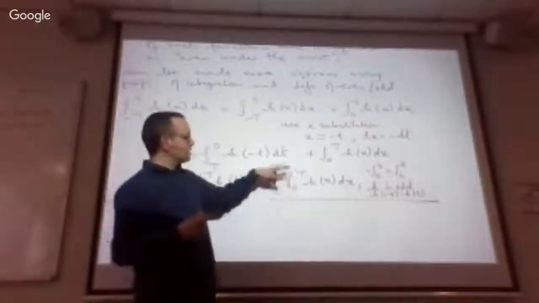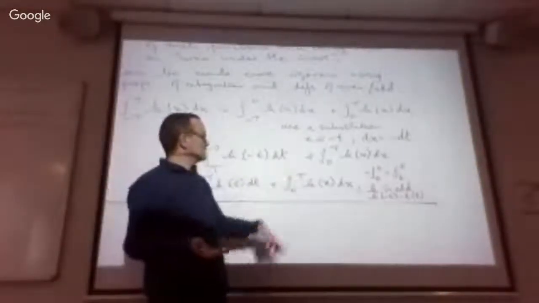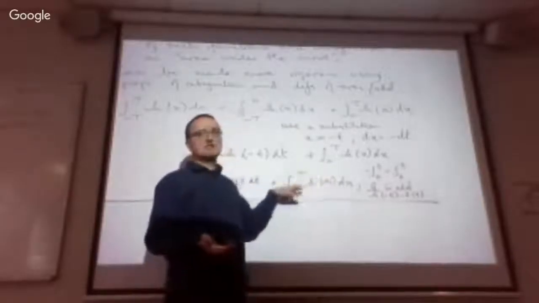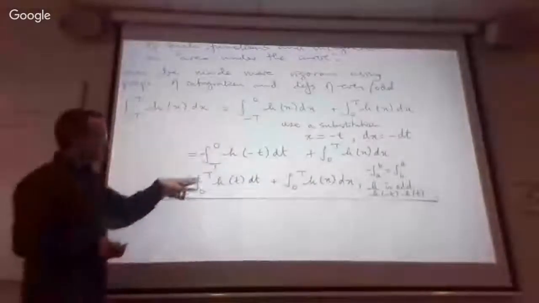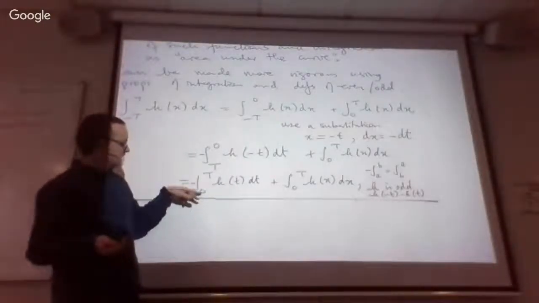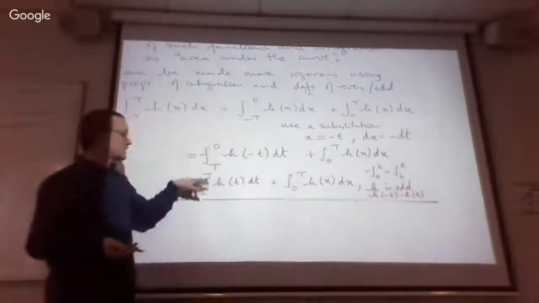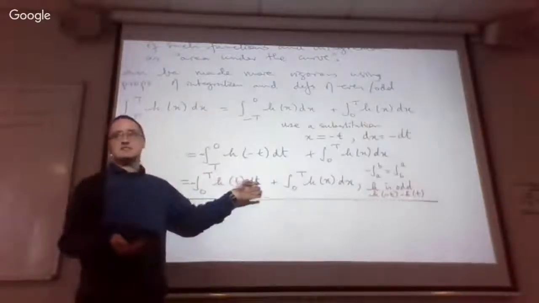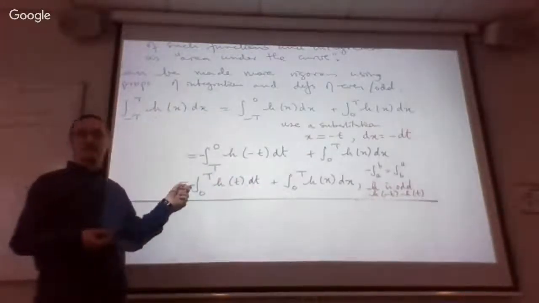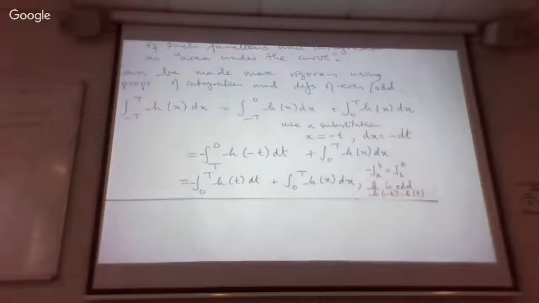They're just labels. What you're seeing here is the integral from 0 to some value, which is called t for some reason, integrating a function from 0 to some value. The fact it's called t is immaterial. But you're integrating from 0 up to some value t, the same value as the one mentioned over there, integrating h of t dt, just integrating the values of the function. But there's a negative sign in front of this. On their own, those two integrals are exactly the same, but this one has a negative sign. So when you add them together, you get 0.